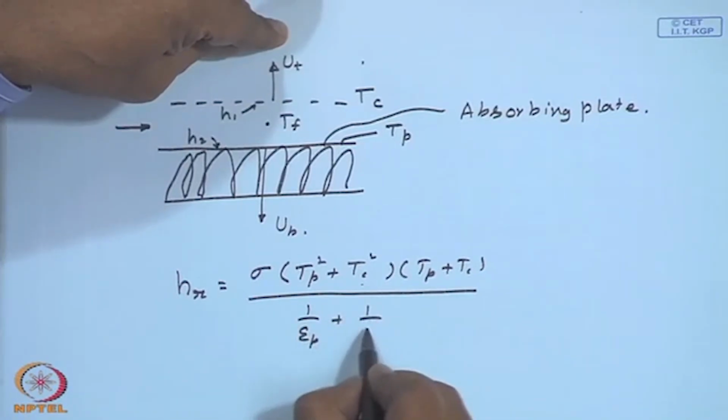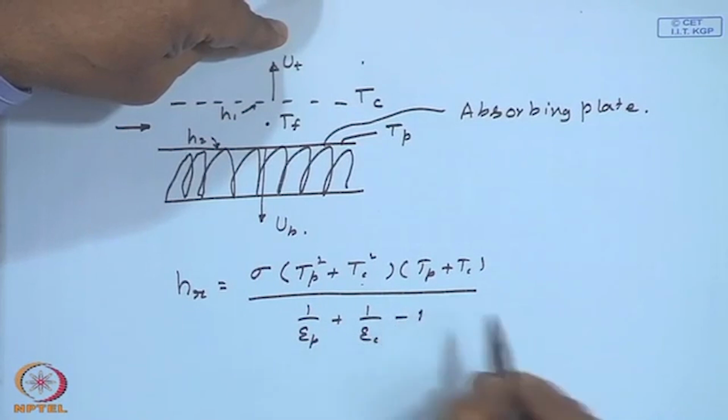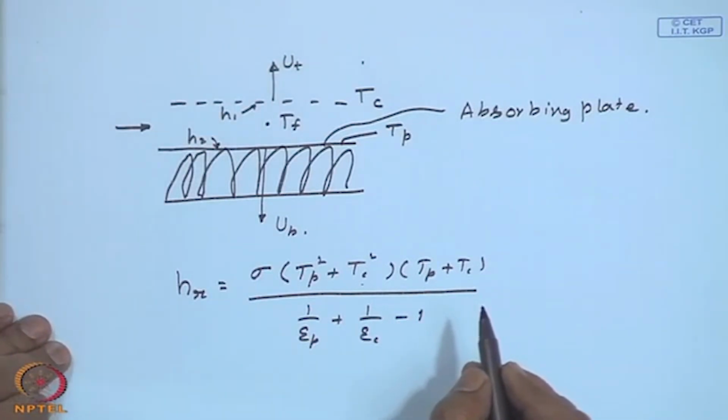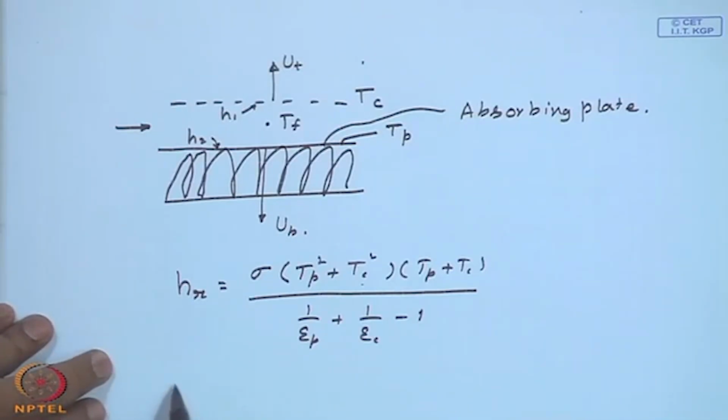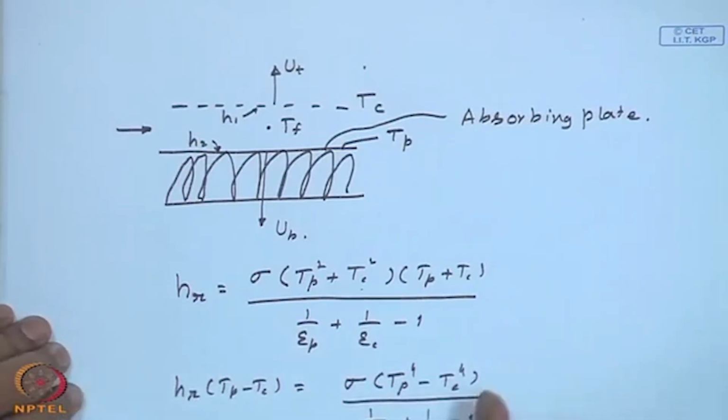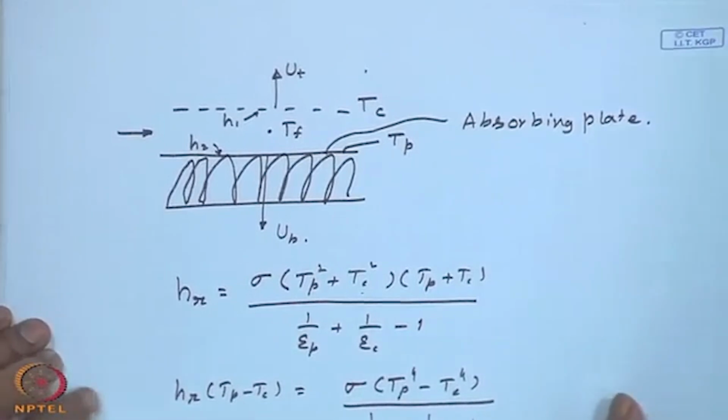This is nothing but H r into (T p minus T c) equated to sigma times (T p to the power 4 minus T c to the power 4) by (1 upon epsilon p plus 1 upon epsilon c minus 1). If you take T p minus T c onto the other side, you will get H r of whatever we have written here.